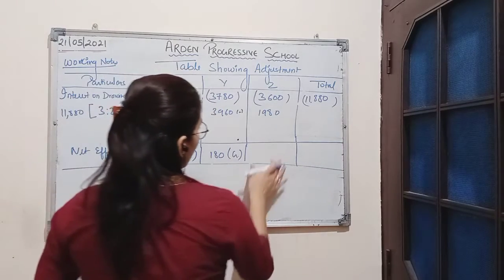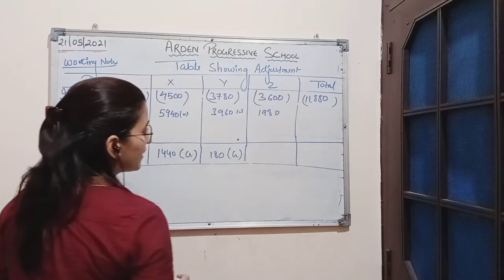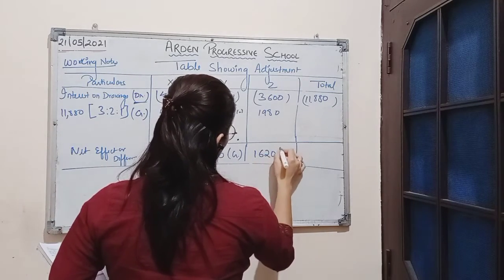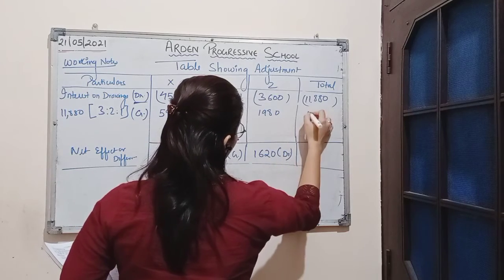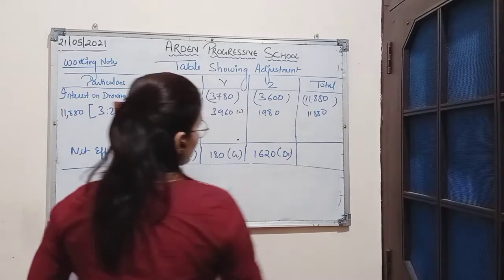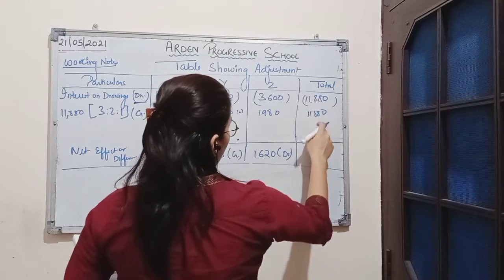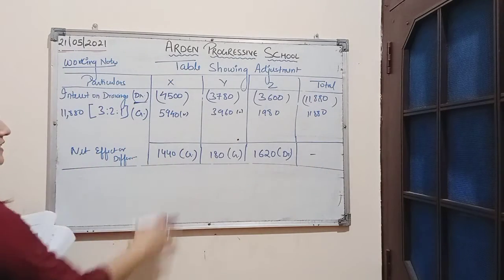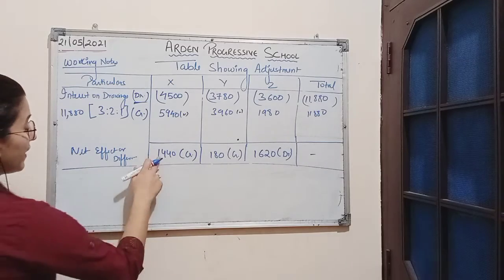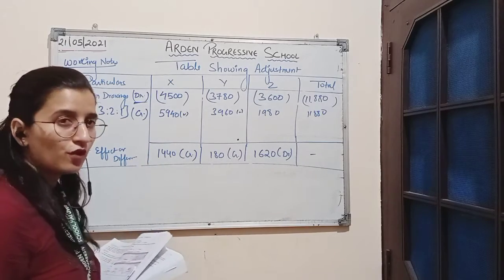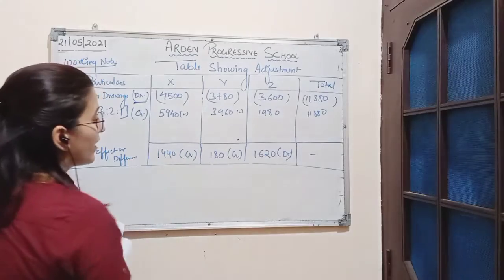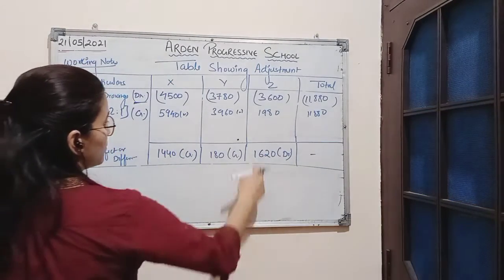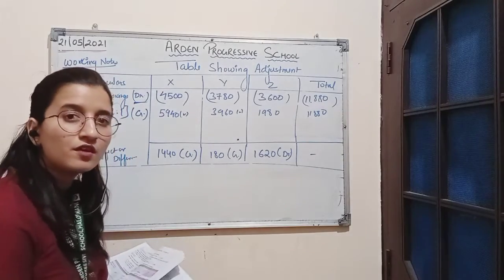So here the excess of debit balance over credit balance will be 1620. This is the debit balance. Now positive and negative is nil. So by this it is clear that X will get 1440 from the firm, Y will get 180 from the firm, and Z is liable to pay the amount 1620 to the firm.